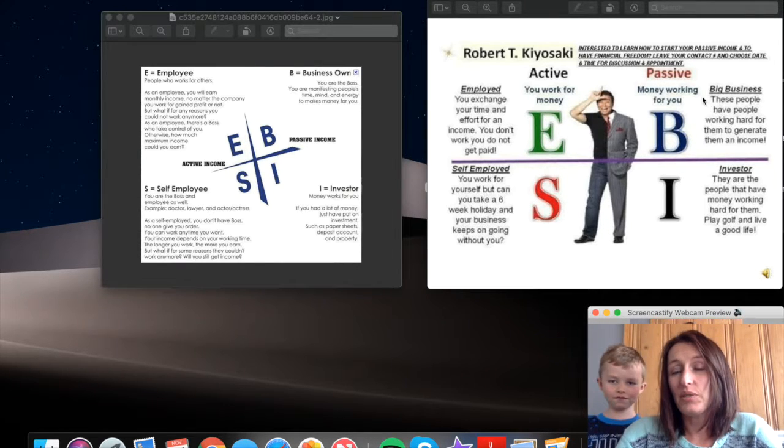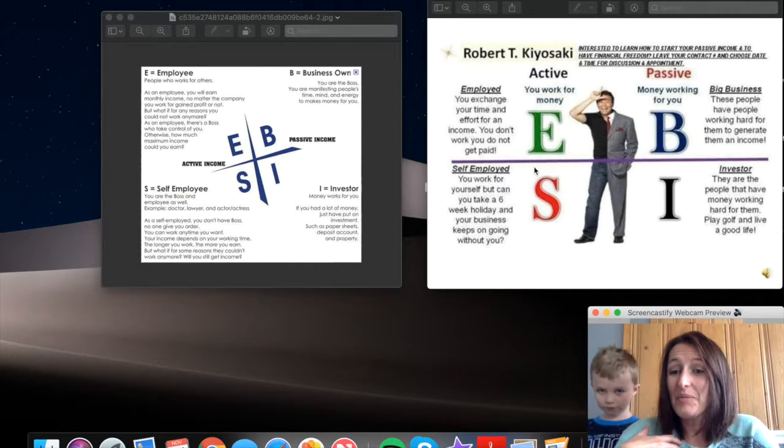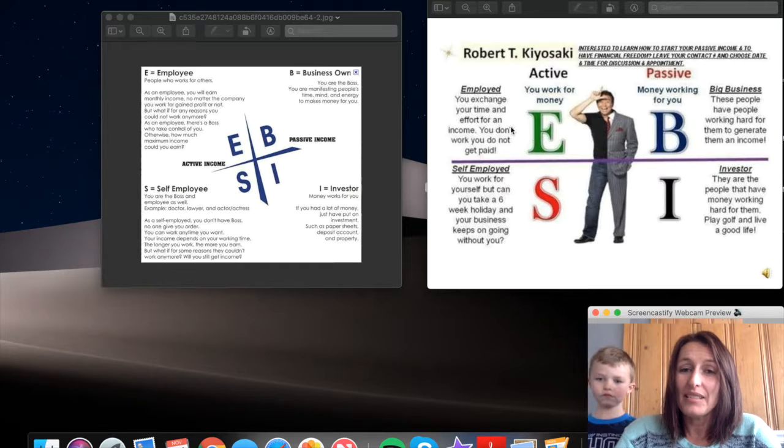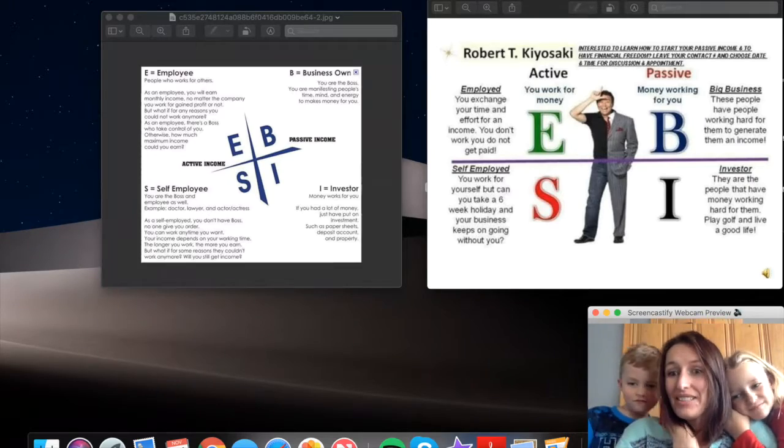But he's shifted over to the right side of the quadrant and really grown. And I want to kind of interview him for you guys, so you can see his thoughts on moving from the left side of the quadrant to the right side of the quadrant. So he'll be on in just one moment.